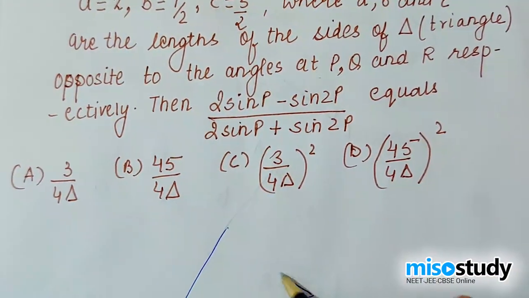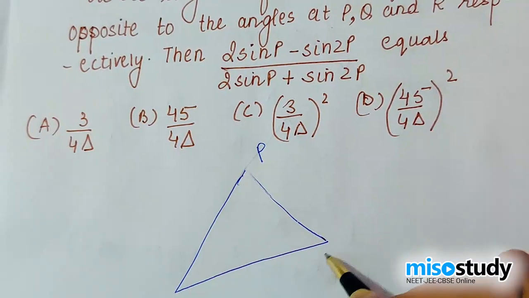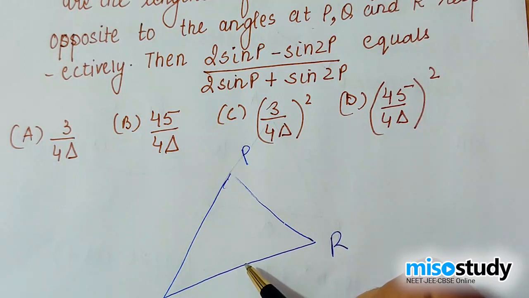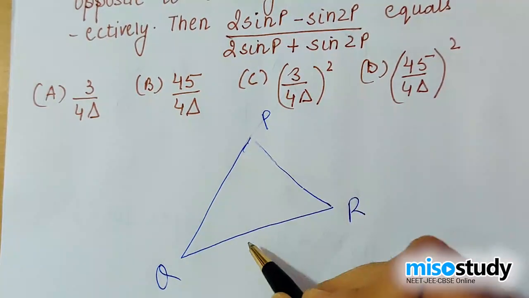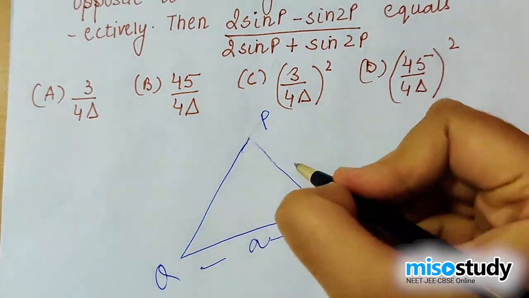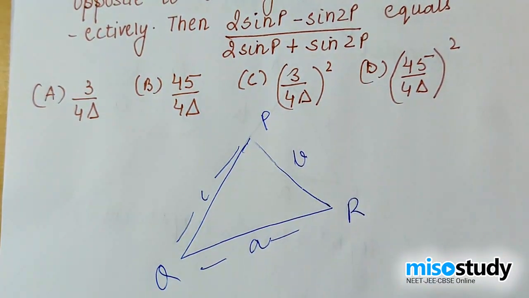Let us assume this is triangle PQR, this is P, Q and R. It is told that a, b and c are the lengths of the sides opposite to angles P, Q and R. That means opposite to angle P we have side length a, opposite to Q we have b, and opposite to R we have c respectively.